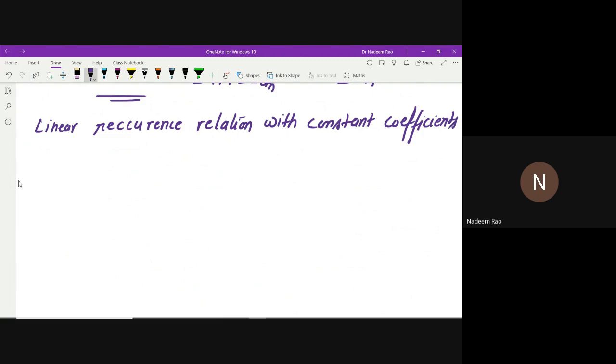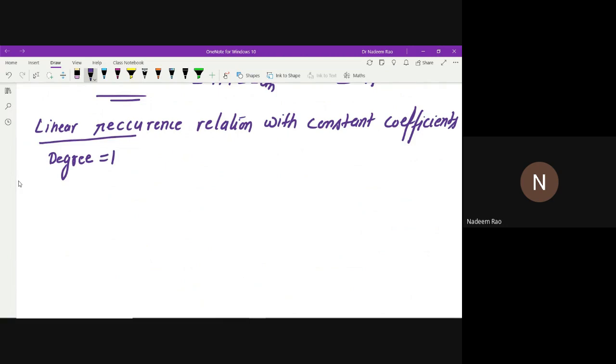If the degree of the recurrence relation is 1, then the recurrence relation is called a linear recurrence relation.